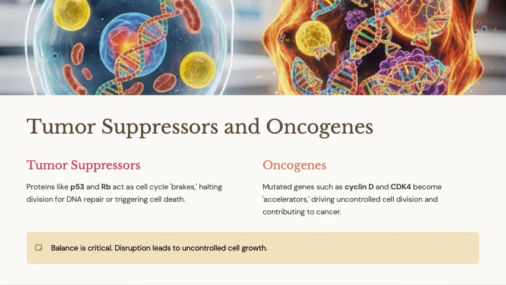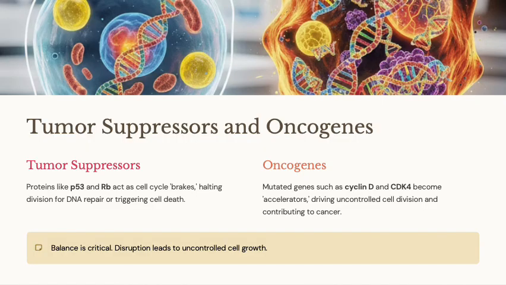In contrast, oncogenes function as accelerators of the cell cycle. Normal versions of these genes, called proto-oncogenes, play important roles in promoting cell growth and division. However, when these genes become mutated or overexpressed, they can drive uncontrolled cell proliferation.